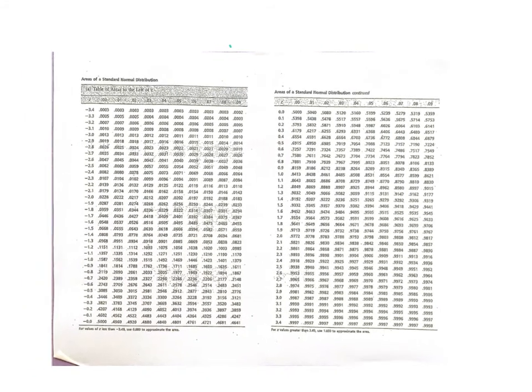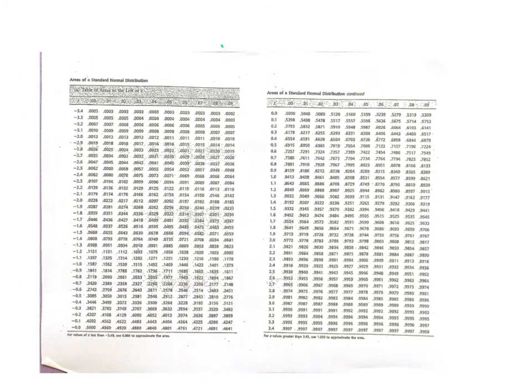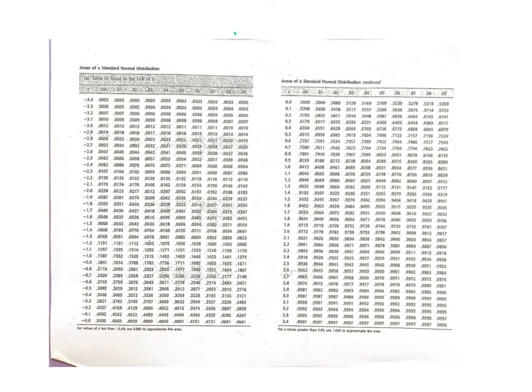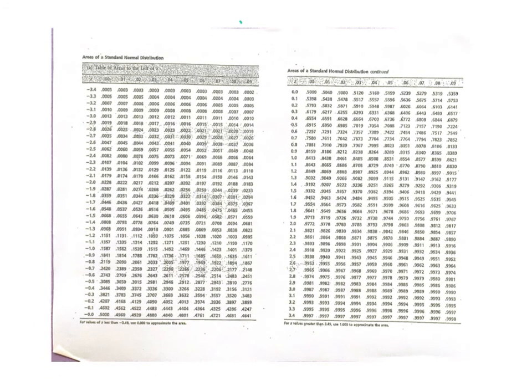This is, if you notice, it says areas of standard normal distribution. So if you notice the way this is set up, right smack dab in the middle is, think of that as your mean. And so the z values over here to the right are positive, and the z values over here to the left are negative.